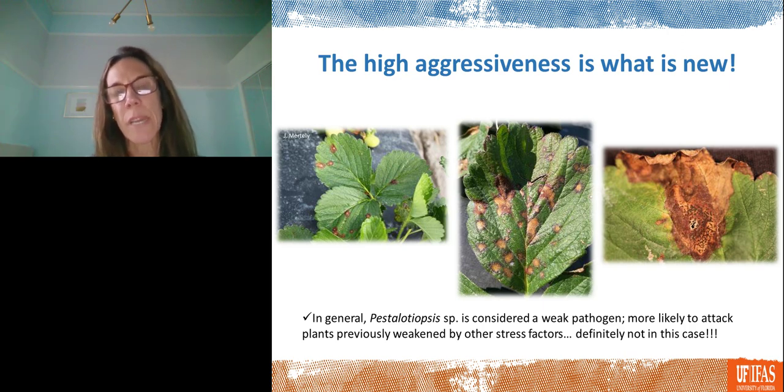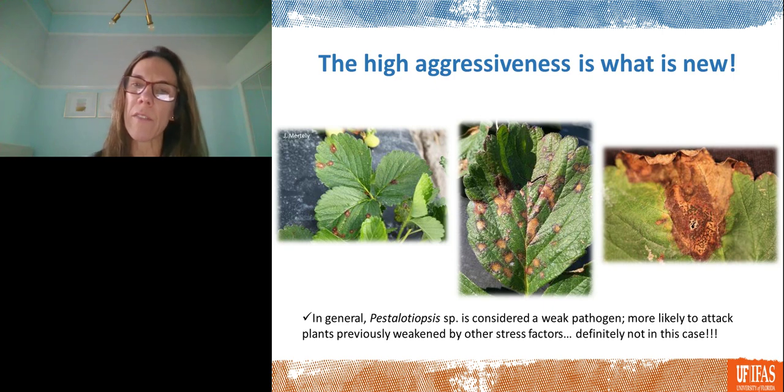So, in the pictures you see here, the disease starts as some leaf spots, some common leaf spots, but it develops very quickly to take a significant portion of the leaves, and eventually it produces a lot of spores on those leaves, and it can blight a significant part of the leaf.